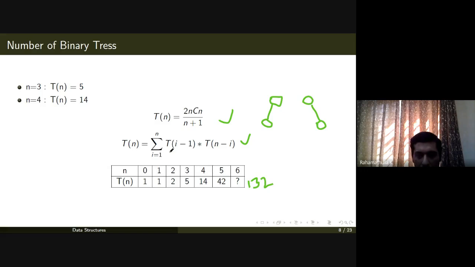This is generated like this. For example, let's say you are trying to calculate it for n equal to 6.